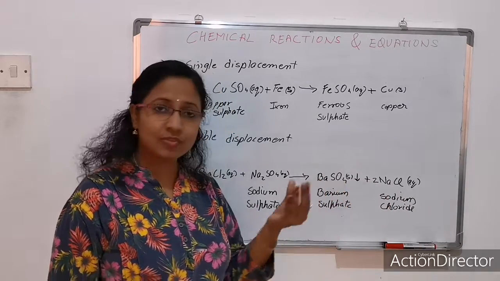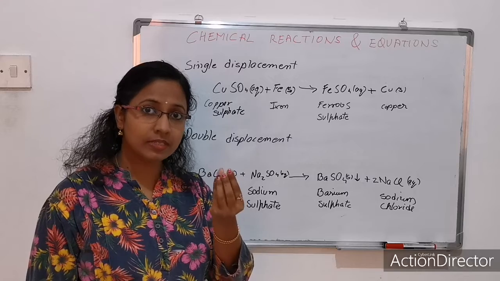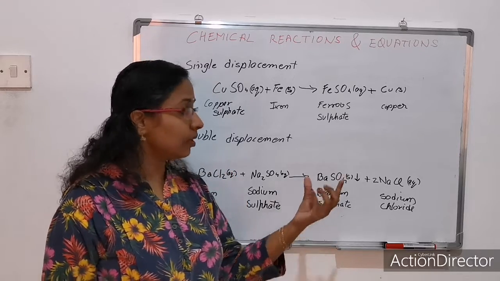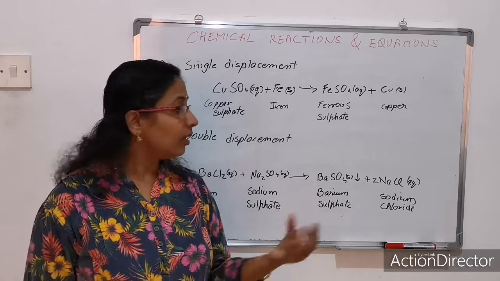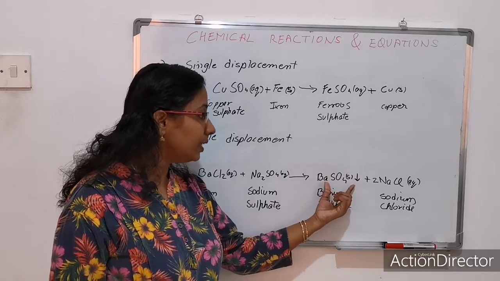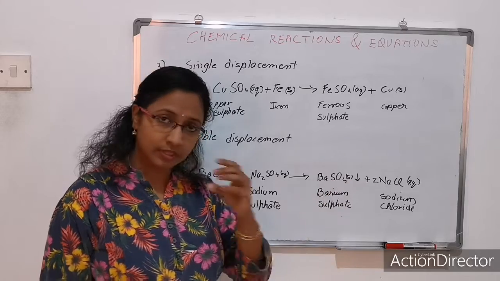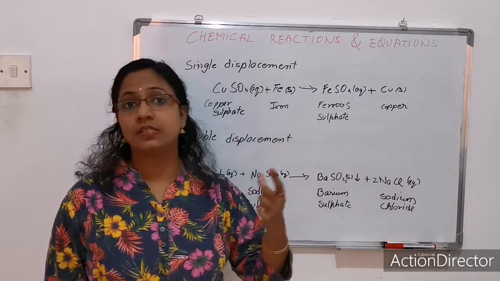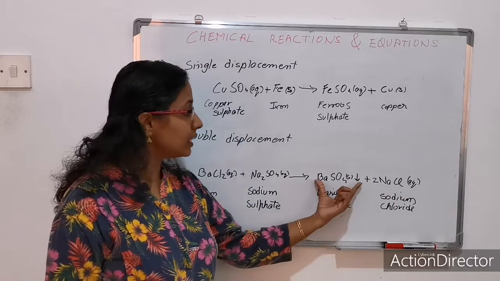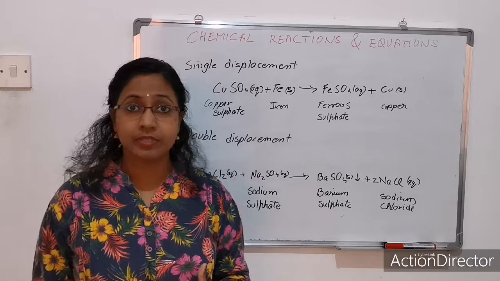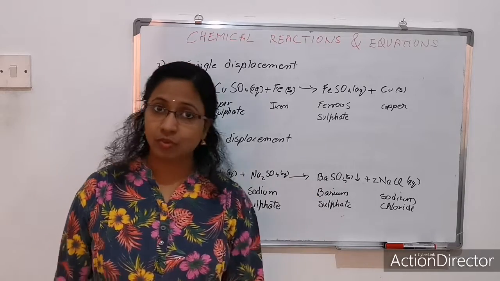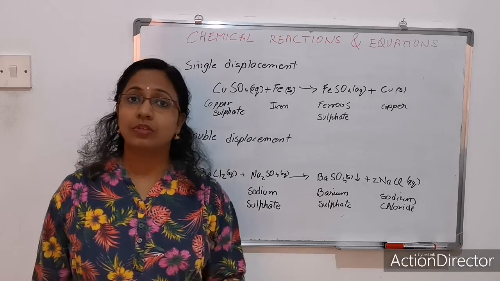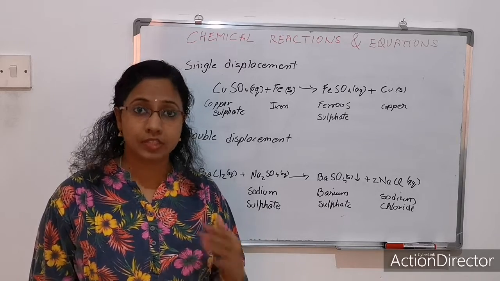If there is insoluble powder deposited or settled down in the beaker, that is called a precipitate. So BaSO4 is a solid powder which forms a precipitate in NaCl solution. We can see a white precipitate of BaSO4 in NaCl solution. So this is an equation which is to be used as a precipitation reaction.